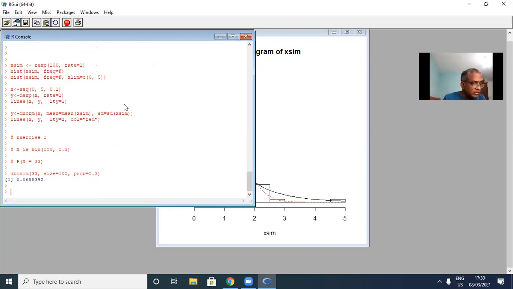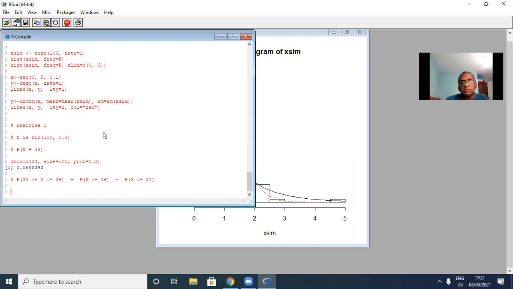That's it, right? Okay, the next thing we want to find is the probability that X is between 28 and 34, right? Now to do this, you need to compute the probability that X is less than or equal to 34 minus the probability that X is less than or equal to 27. That's because, remember, binomial is an integer valued random variable.